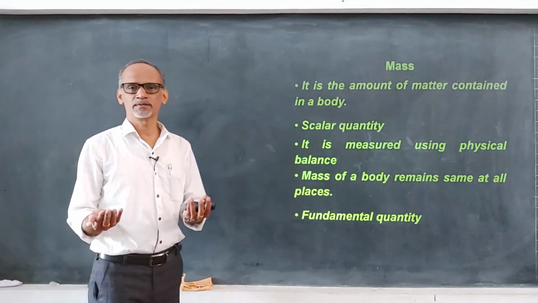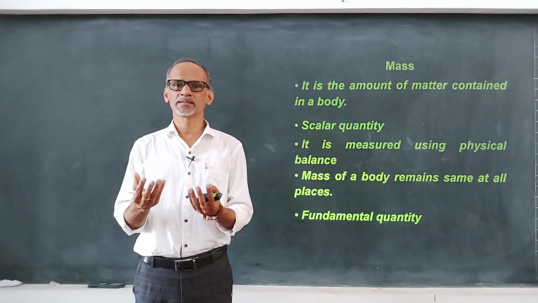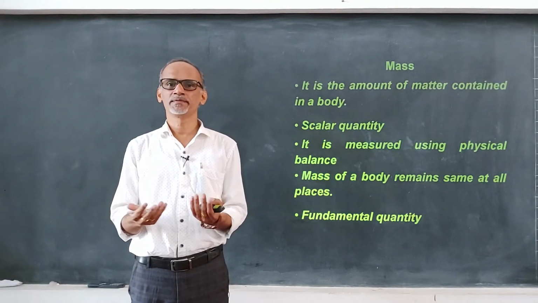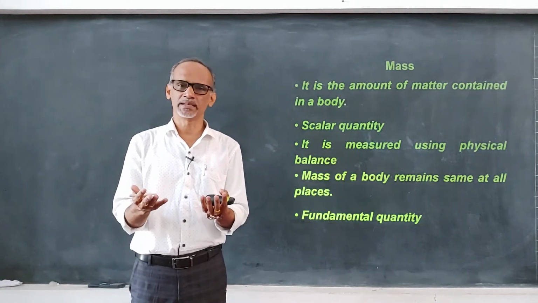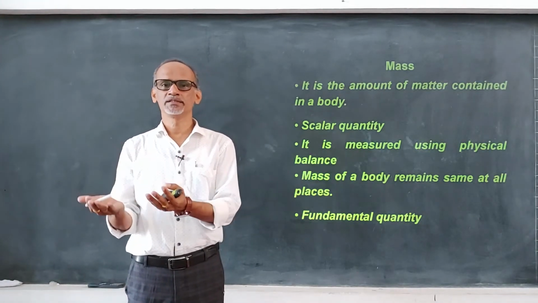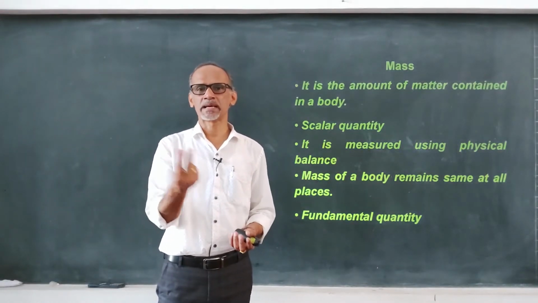We have seen the kind of balance they use in shops for measuring the mass of a body. Either they use a digital balance, or there is an analog one also, where they keep some standard masses.